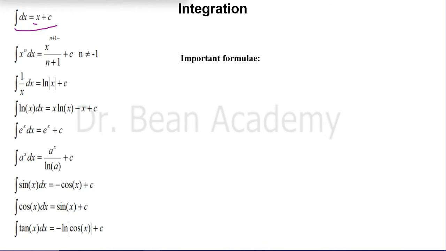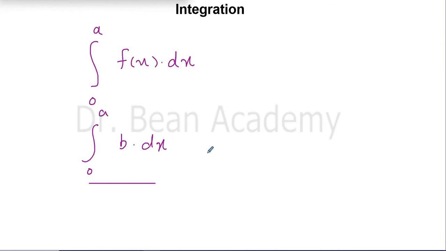So it's equal to x, right? So let me go back to the equation. Here remember that b is actually constant. If you have any constant as a function in the integral, that table says that it should be equal to x, and now I will put the values 0 to a, and then b will come here.